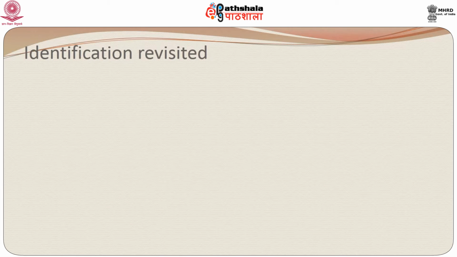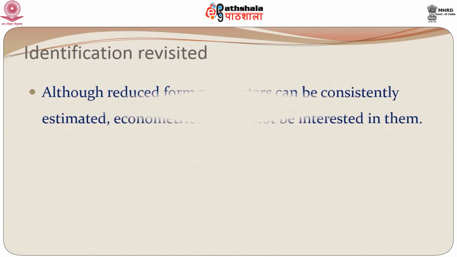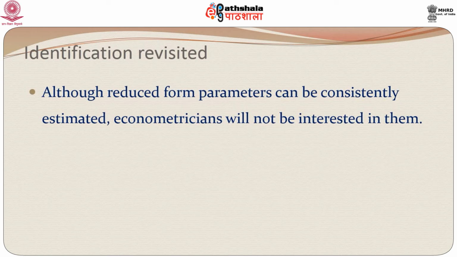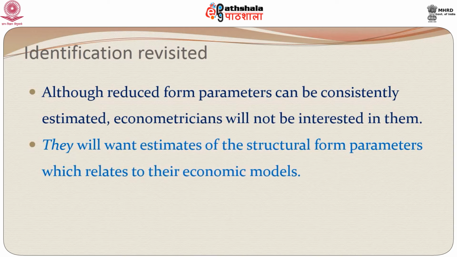Now, let us revisit the identification problem. Although reduced form parameters, as we just saw, can be consistently estimated, the econometricians will not be interested in them. Why not? They will want estimates of the structural form parameters which relate to their economic models. Mind you, the structural equations are the equations that the econometricians or economists actually build up based on economic theory.